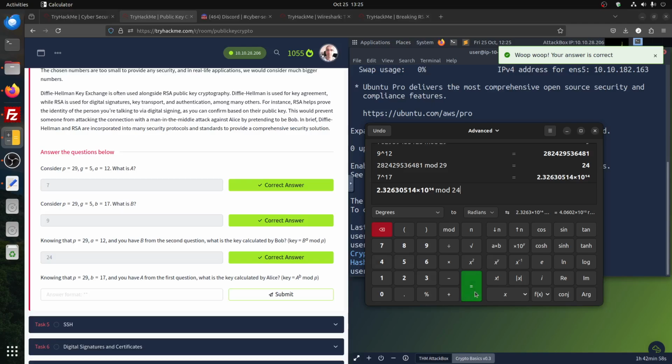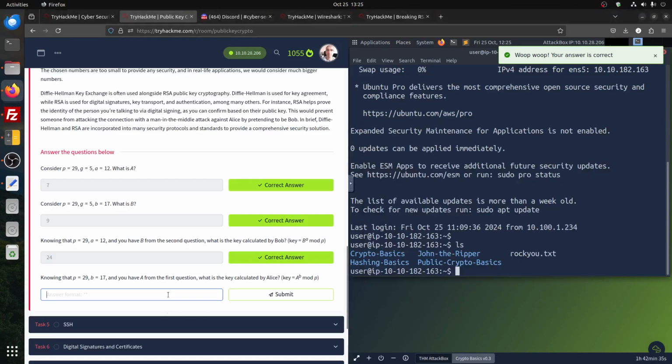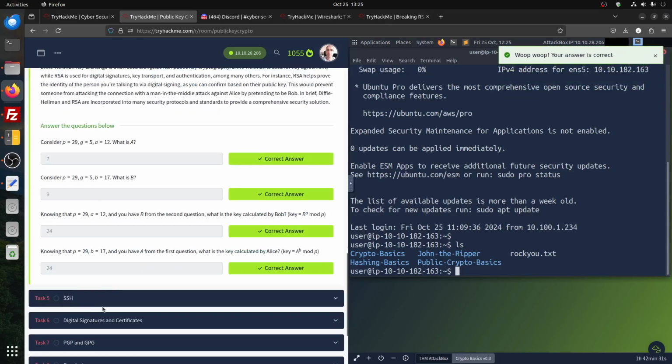Repeat: we got A as 7, power to b, which is 17, modulo P, which is 29, we get 24. So we should get the same, because Alice and Bob are talking to each other.